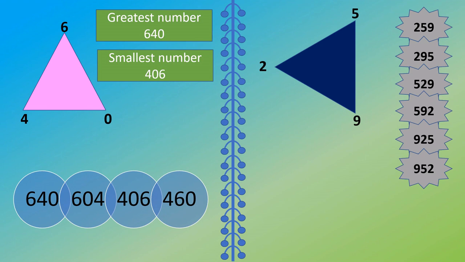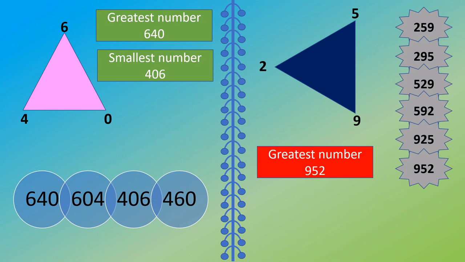Now, which is the greatest number here? Correct, 952. And which is the smallest number here? Correct. Go through the numbers and you will see that 259 is the smallest number.